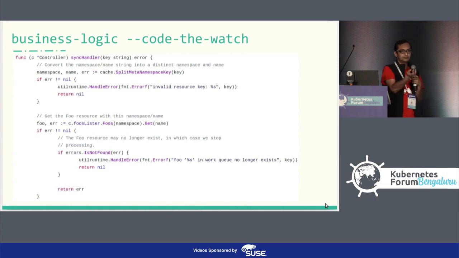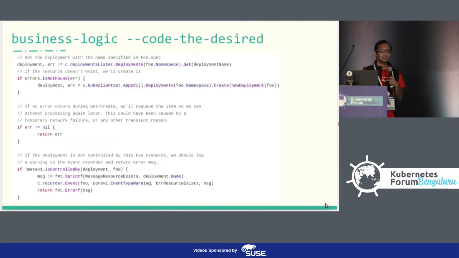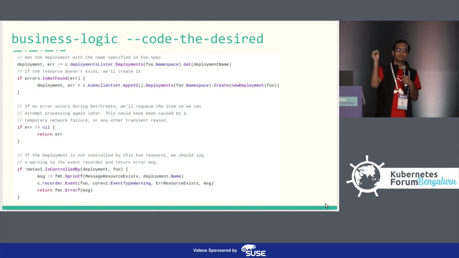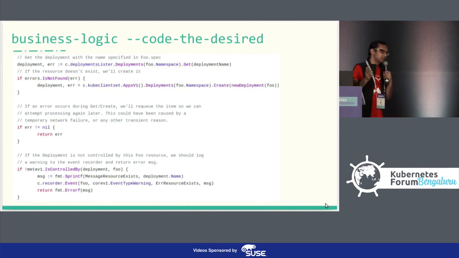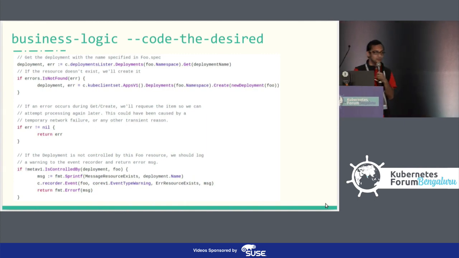It may happen that the foo we got as an event was a stale event, which means the foo might have been deleted already. Who knows? So we have to understand all those things and code them. Every controller that we write has to do this basic set of things. These are common boilerplates, but you have to do it. There is no way out of it.